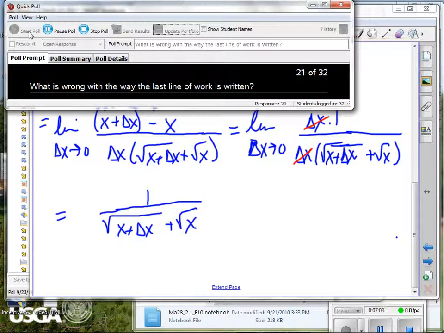So I'm going to save this to the portfolio also. So we have a couple of participation marks for today. Okay. Everyone's finding the send button, I see.